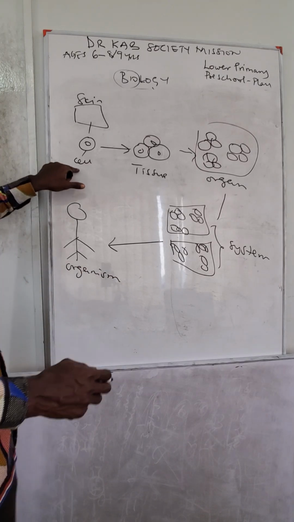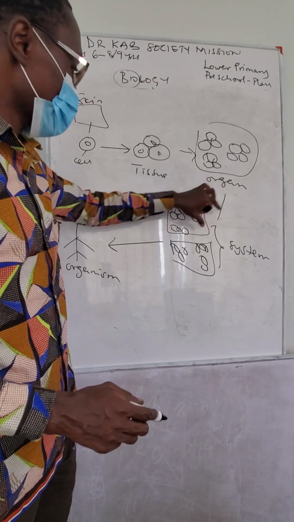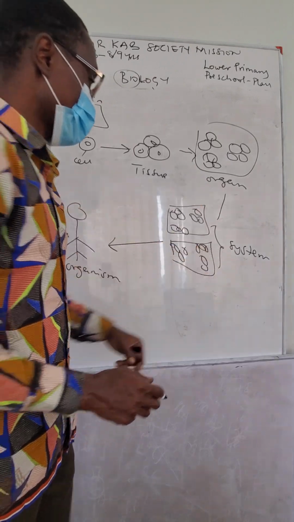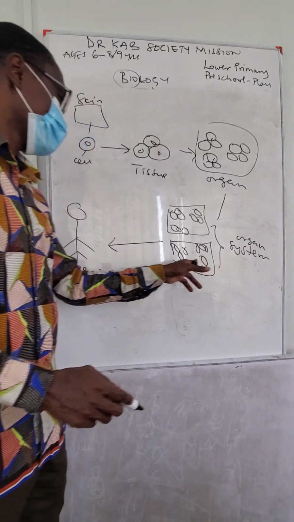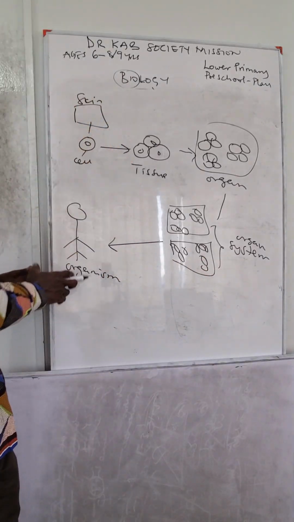So cells to tissues to organs coming together to form organ systems, and the systems coming together to form the organism.